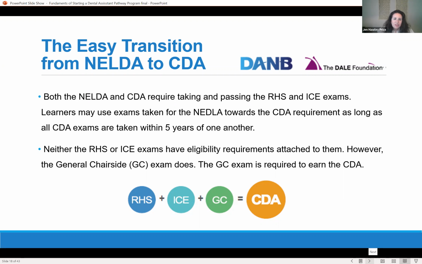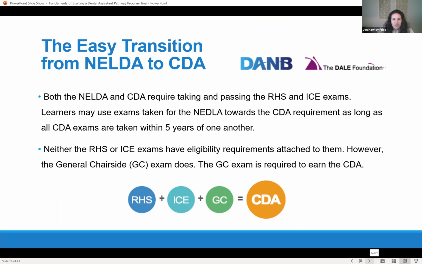So those who want to sit for the general chairside, that GC exam, need to have worked in the dental setting for 3,500 hours or more, so a period of approximately 2 years, or have graduated from a CODA accredited dental assisting program.